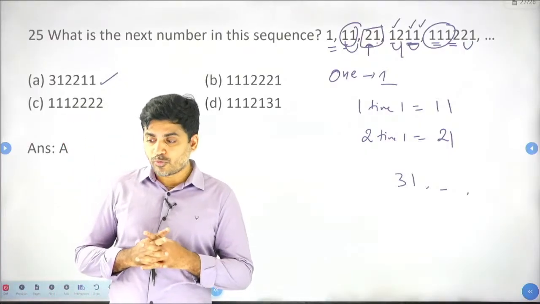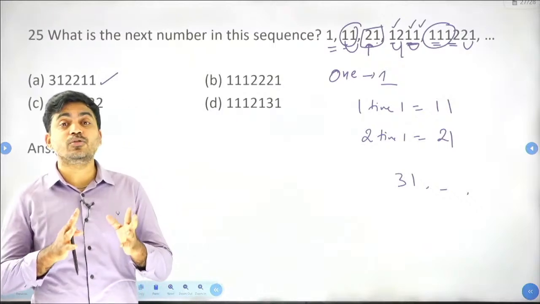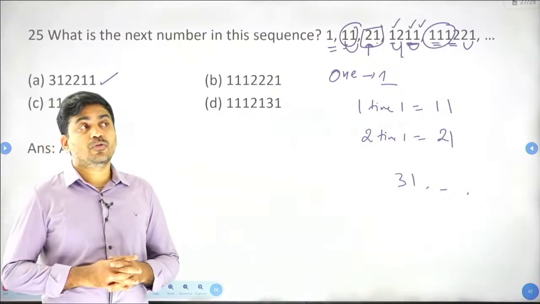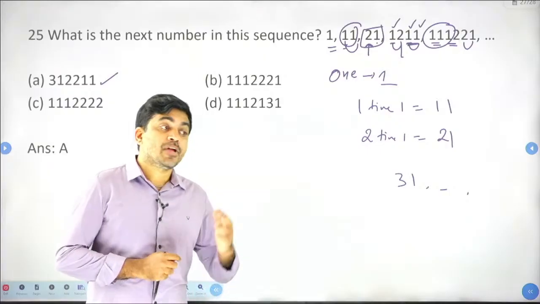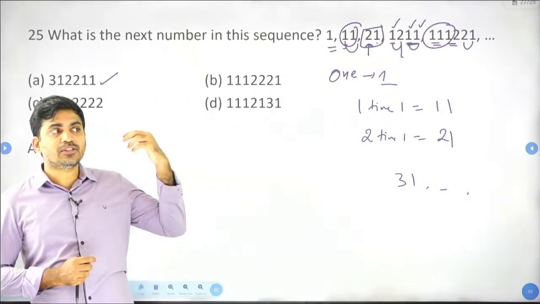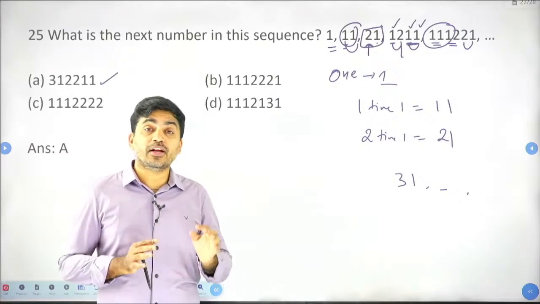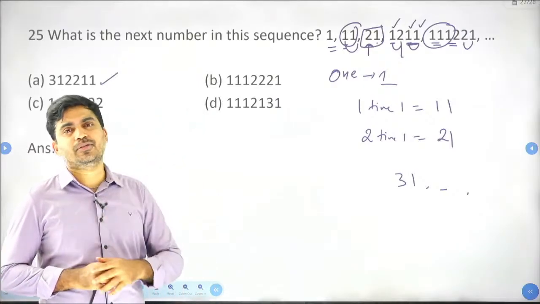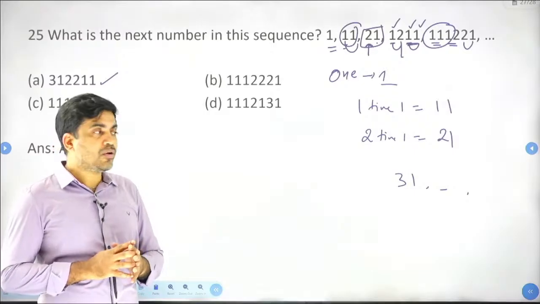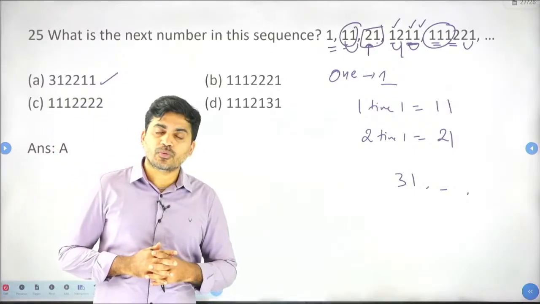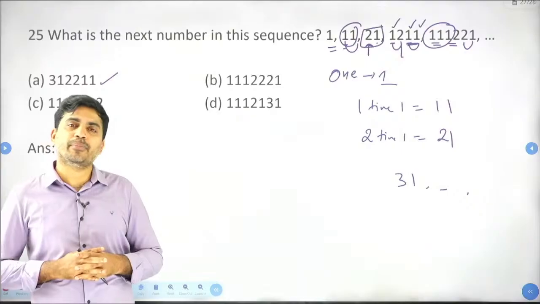In 2025 CSAT paper they asked 25 questions, 23 to 25. Even in 2024 they asked 22 or 23 questions. Every year we are getting 20 questions only from number systems. So without this it is not easy to get good score in CSAT paper.